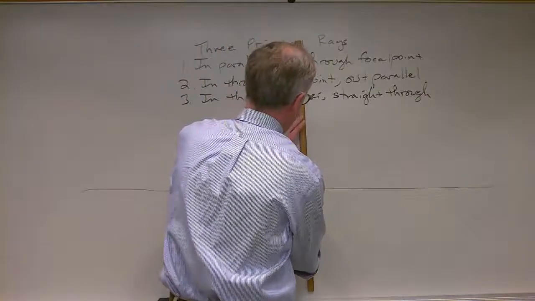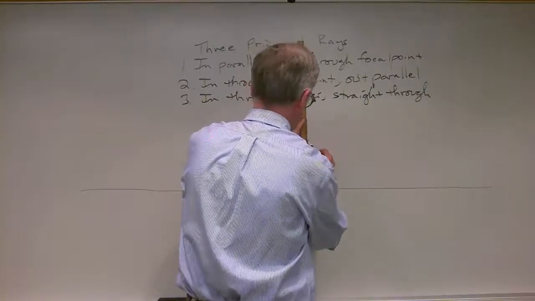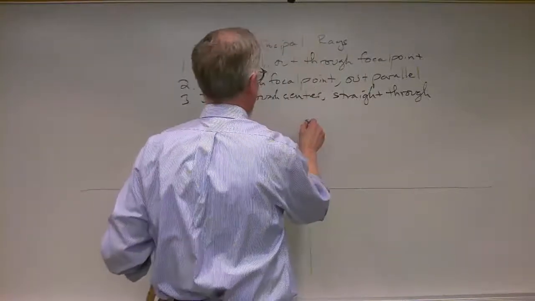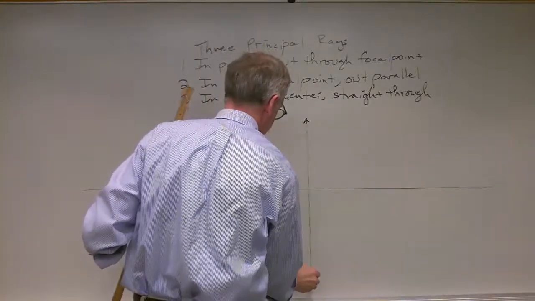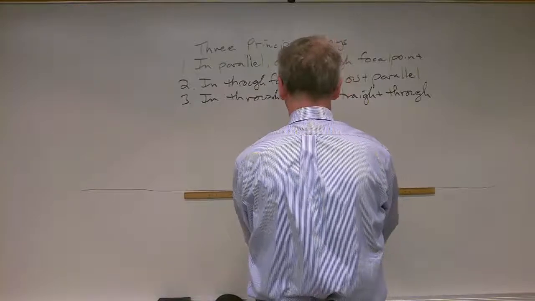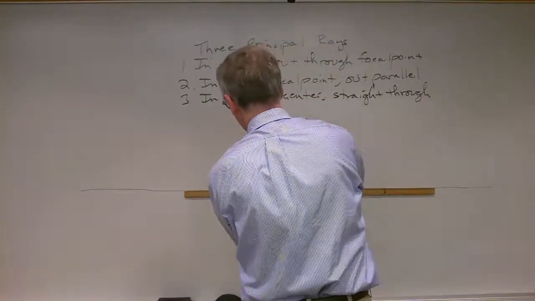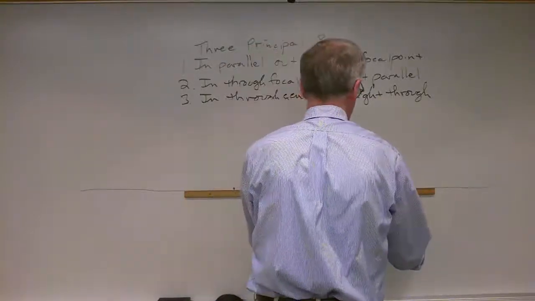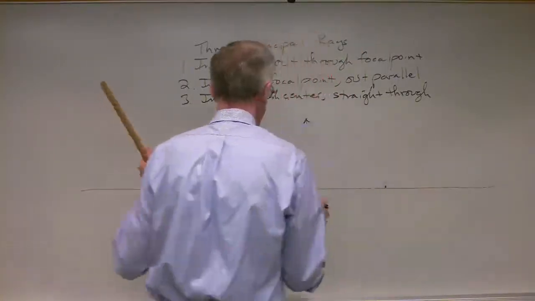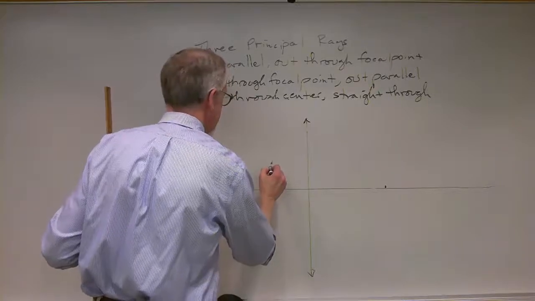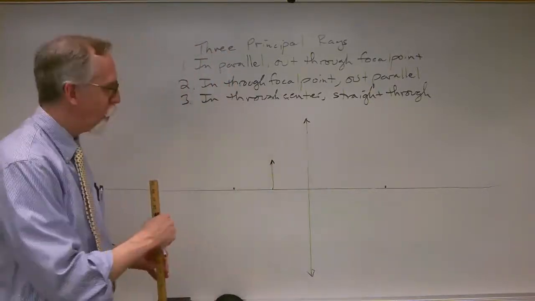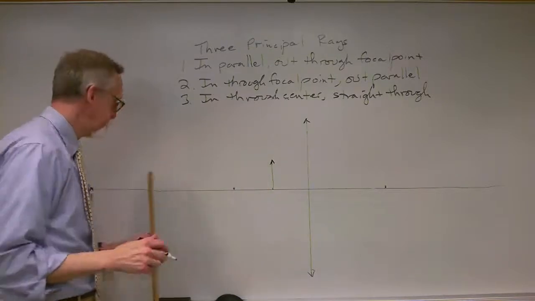Draw in our lens. Let's draw in our focal points. And an object. And in this case, let's put our object, let's say, half of the focal length. So we'll actually put it inside the focal length.